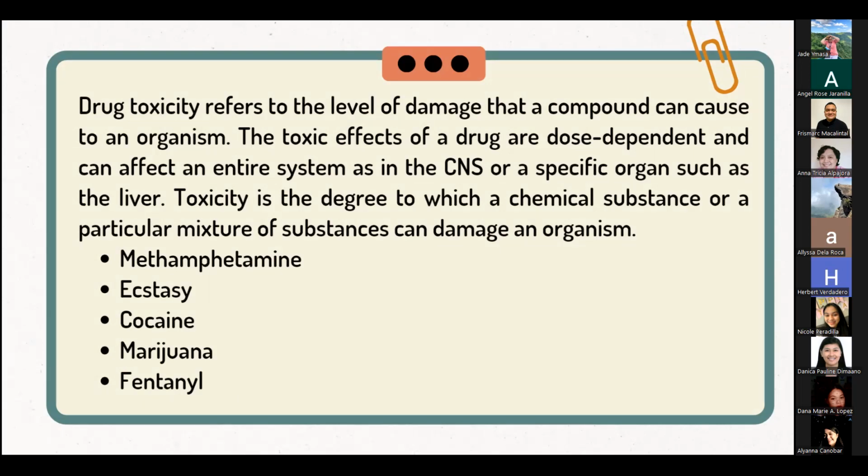Toxicity is the degree to which a chemical substance or a particular mixture of substances can damage an organism. The examples are methamphetamine, which is shabu, ecstasy, cocaine, marijuana, and fentanyl.